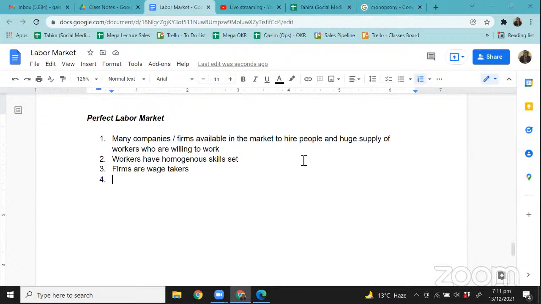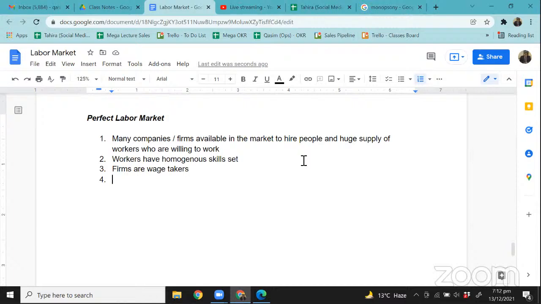Just like in perfect competition, firms were price takers, which meant that at whatever price is prevailing in the market, an individual firm can sell its products. Similarly, in the labor market, whatever wage rate is determined based on market demand for labor and market supply of labor, you as an individual firm have to hire at that wage rate, because especially if you're paying less, why would anyone want to work for your company? So think about it.